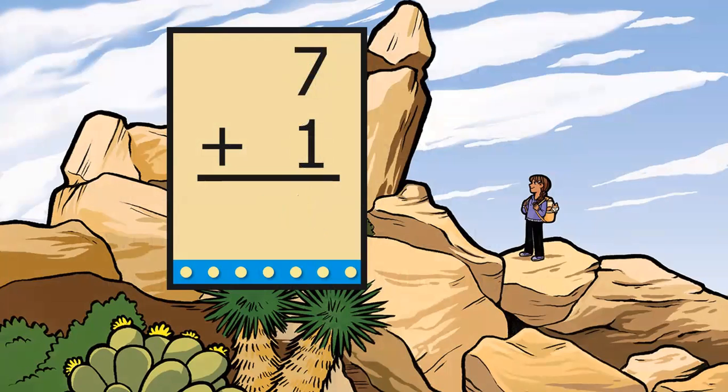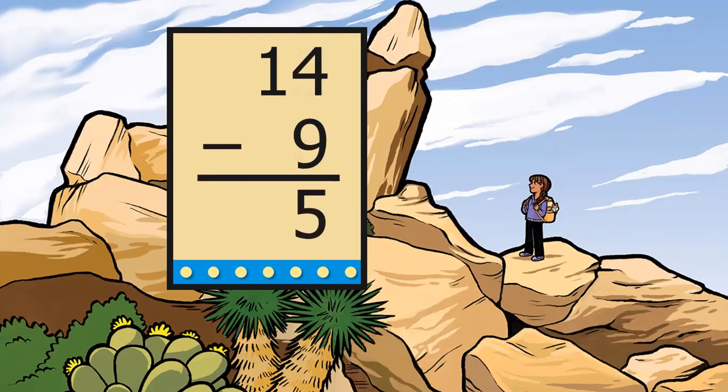Next, we have 7 plus 1. 8 is the answer. 13 minus 6. Give yourself a second to figure that out. 7 is that answer. Okay, next we have 14 minus 9. And that answer is 5.